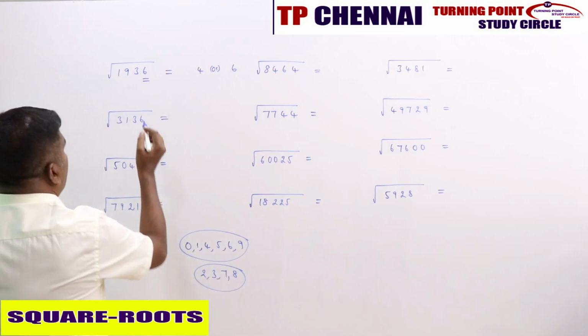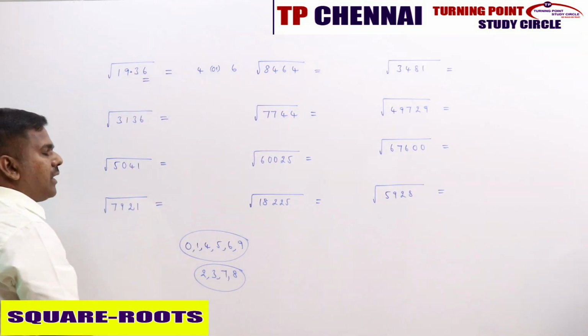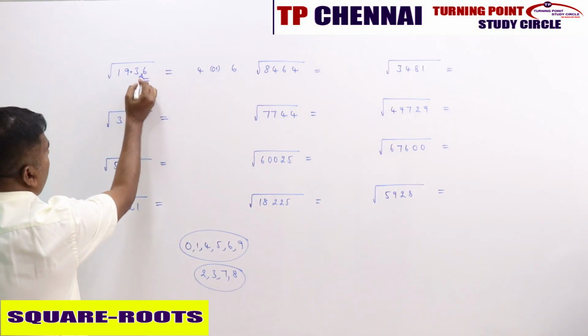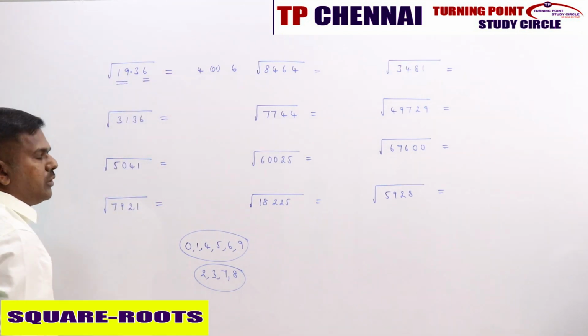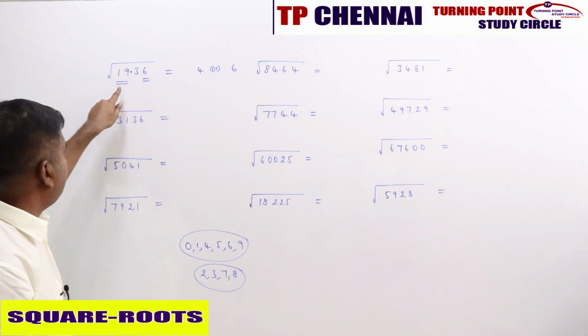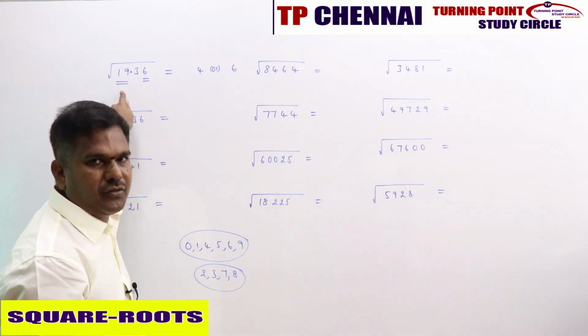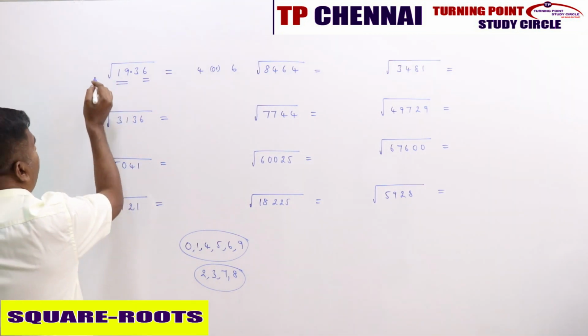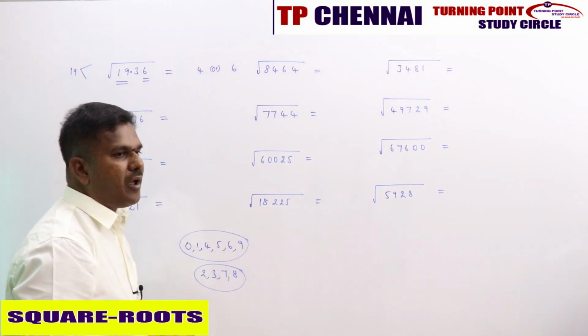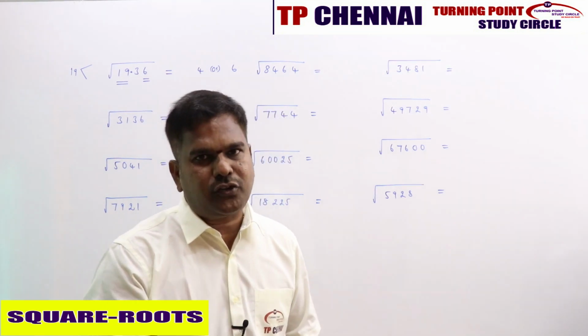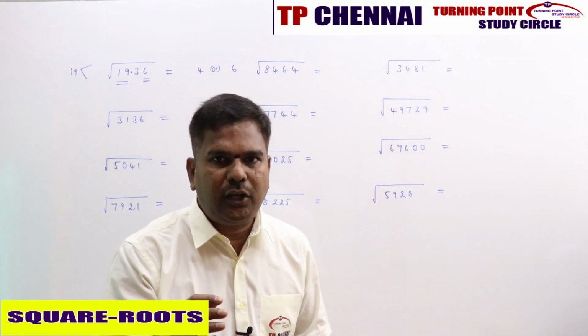Next one, put a dot after 2 digits. It's a square now, so you need to put a dot after 2 digits coming from back to front. Then take whichever is left over. Here only 2 digits are left over, that is 19. Now our focus should be on 19. Now 19 is between which two squares? What is 4 square? 16, and 5 square is 25.